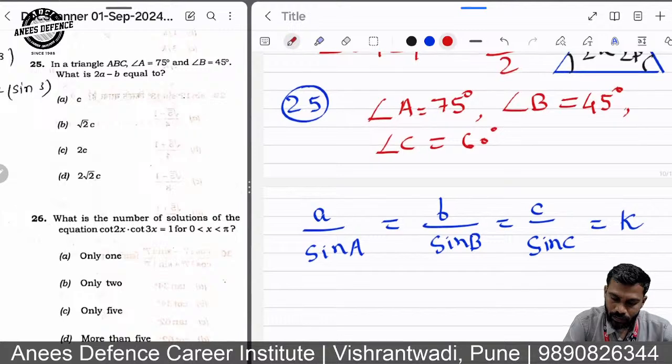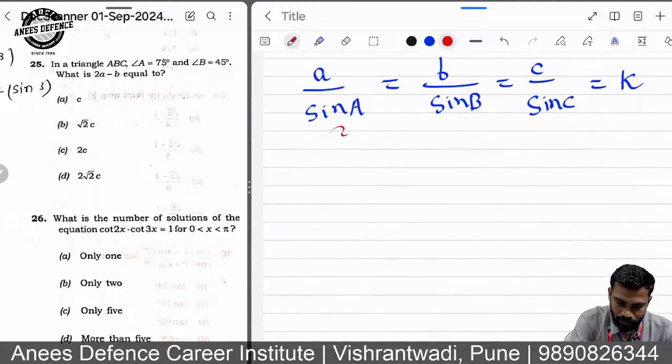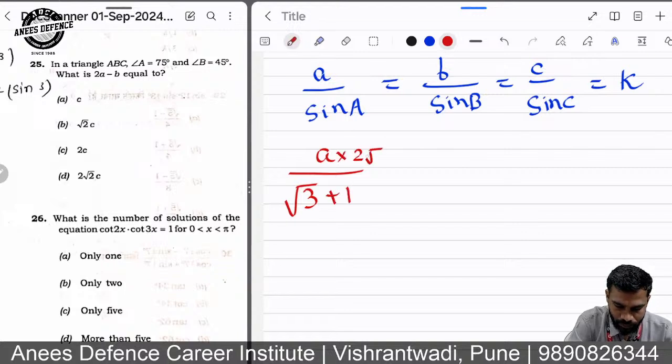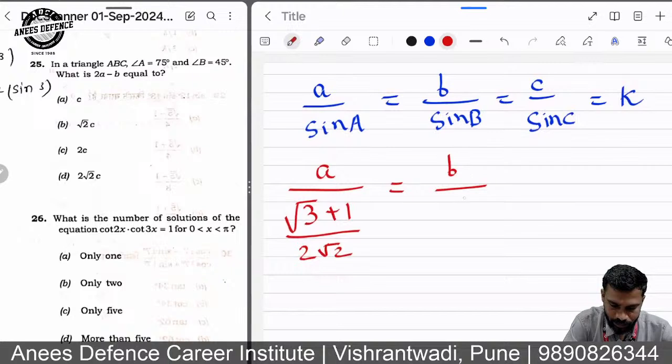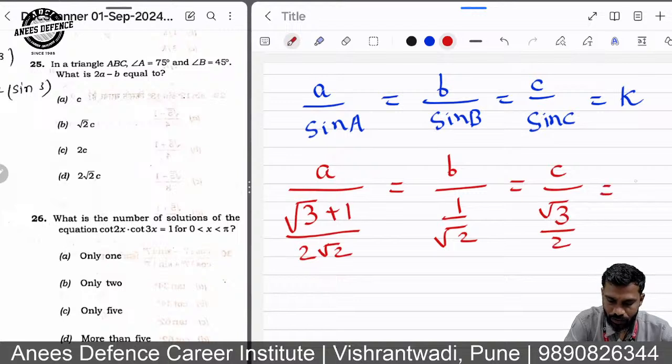Now angle A is 75 degrees, so I can write A by the value of sine 75 degree, which is root 3 plus 1 over 2 root 2 in the denominator, is equal to B by, what is angle B? 45. So 1 by root 2, and C by root 3 by 2 is equal to K.